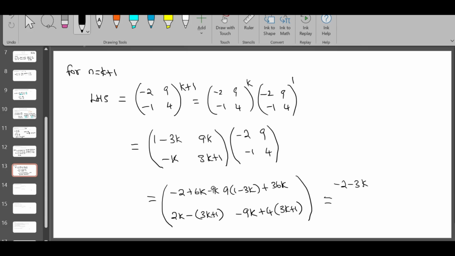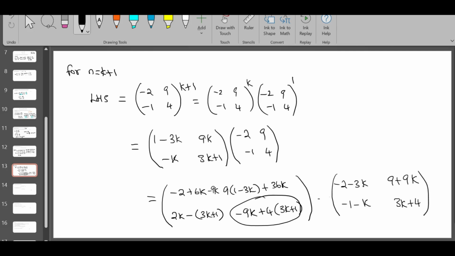And then when I open the bracket, 9 3s are 27, minus 27, 36 minus 27 is 9k. I will get 9 plus 9k. When I simplify this, I'm going to get minus 1 minus k. When I simplify this, 4 3s are 12, 12 minus 9 is 3k plus 4.